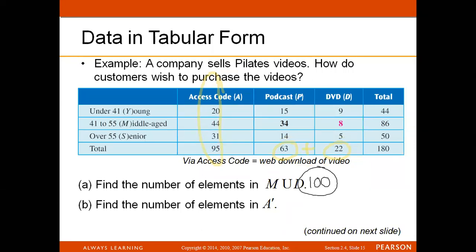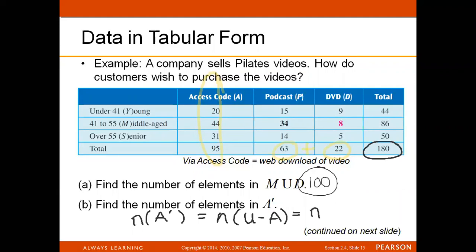All right, the number of elements in A complement, right, is the number of elements in the universe that aren't in A. So here, the universal is 180.